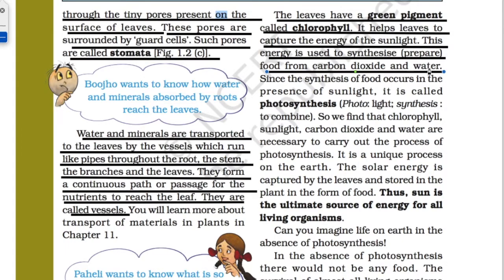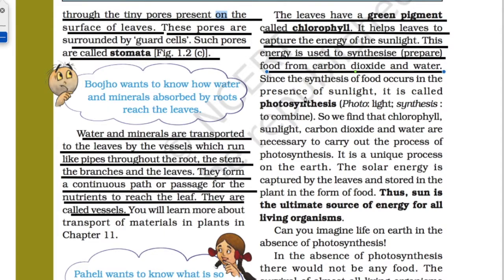Water is transported through vessels from roots, or we can say that roots will absorb the water from soil and transport it to the leaves through vessels. Now are you able to understand the functioning of all plant parts in preparation of food?